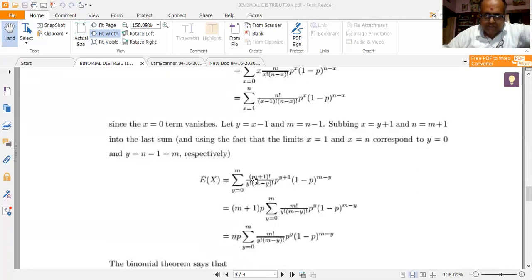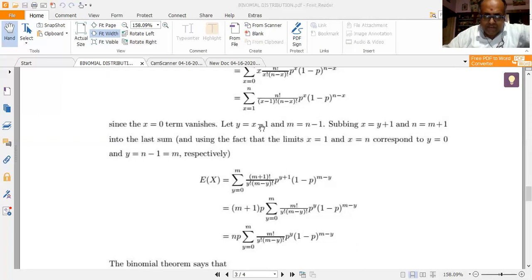So I have n is equal to m plus 1. So m plus 1 factorial divided by x minus 1, and I have substituted x minus 1 is equal to y, so I have y factorial. N minus x is equal to m minus y factorial, because of the two substitutions. Okay, n is equal to m plus 1, and x is equal to y plus 1. So plus 1 minus 1 gets cancelled, and in the denominator I am having m minus y factorial into p to the power of x I had previously.